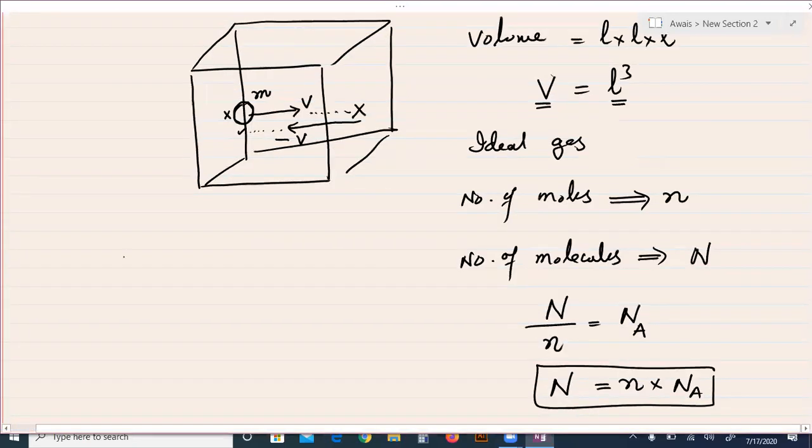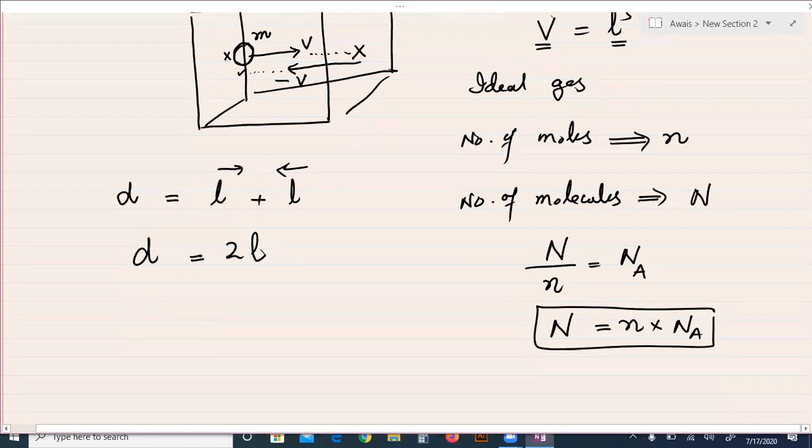So the question is, how much distance is covered by one molecule to make one collision? Look, L in this direction plus L in this direction. So the total distance covered by one molecule is 2L. Now the speed is the same, velocity positive, negative. So according to the formula, distance is equal to speed into time.